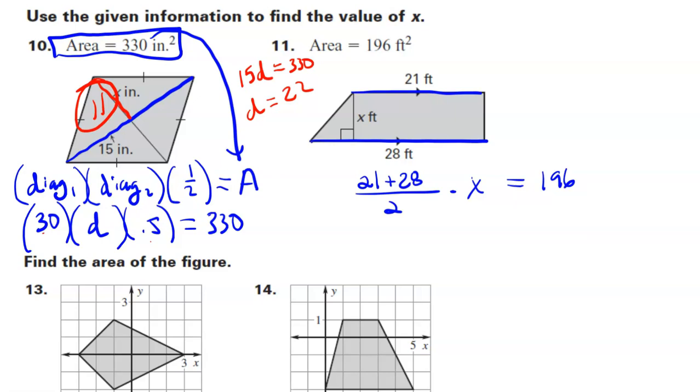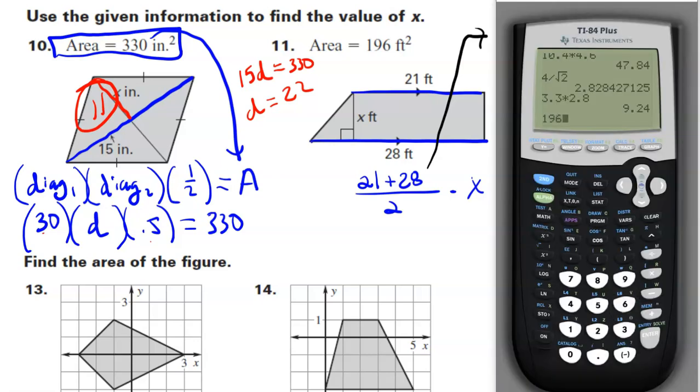If I focus on just this piece, that's 49 divided by 2, which is 24.5. So 24.5 times x is 196. Now I need to divide both sides by 24.5. So 196 divided by 24.5 equals, get an answer of 8.